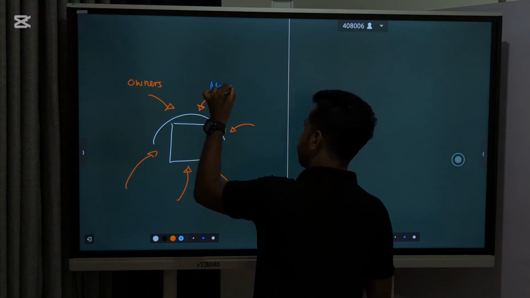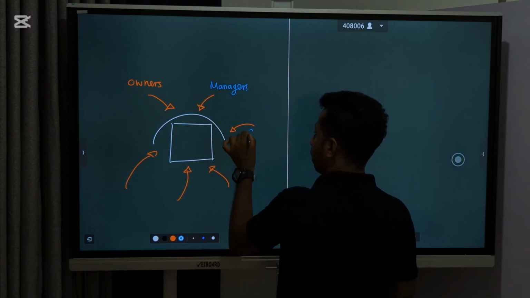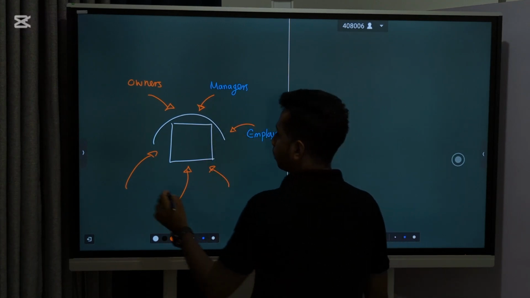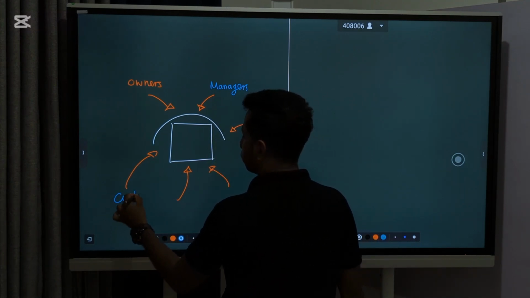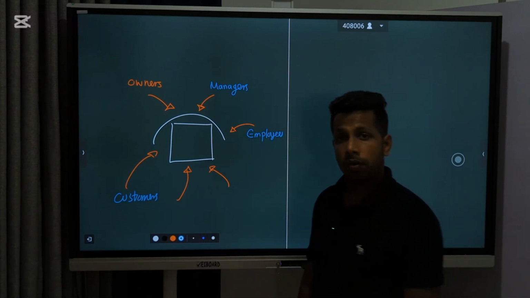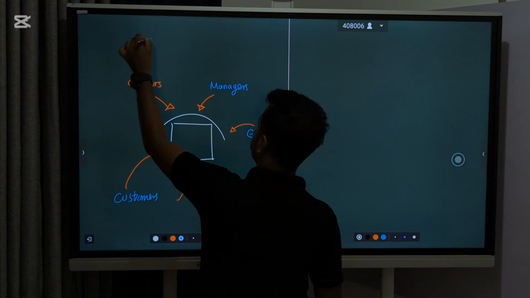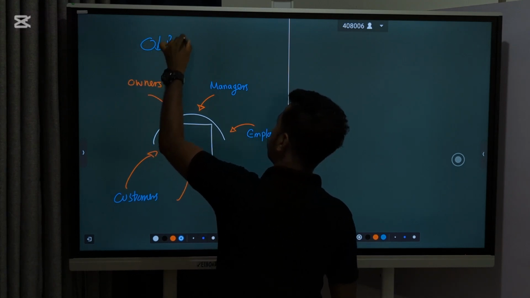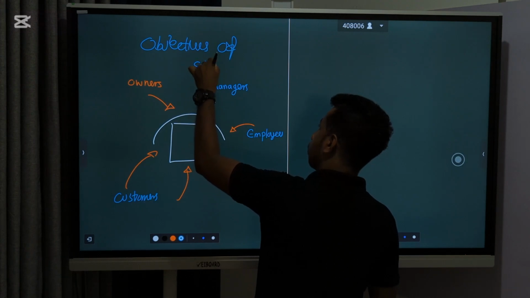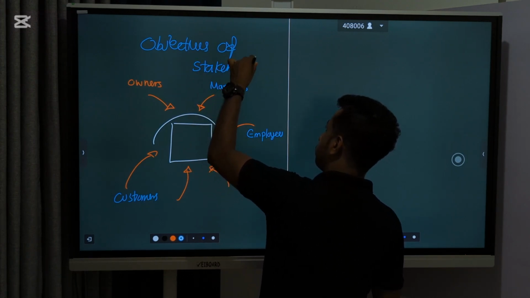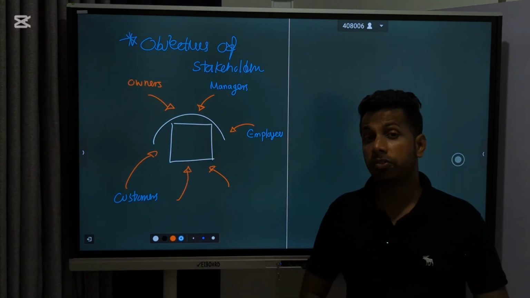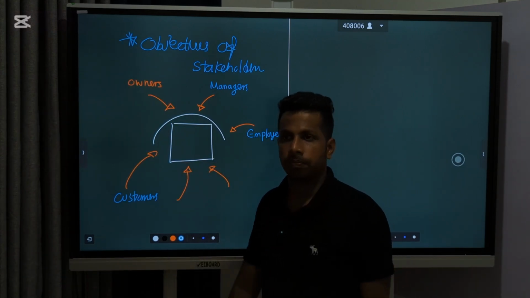Managers, employees, customers, right? So earlier we talked about objectives of stakeholders, their aims.